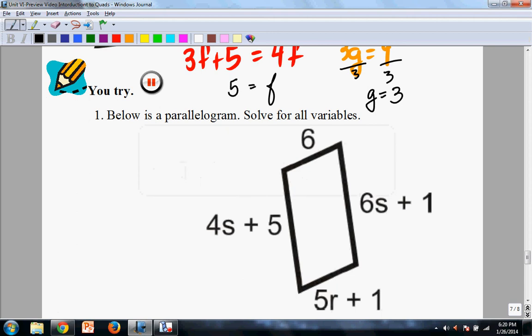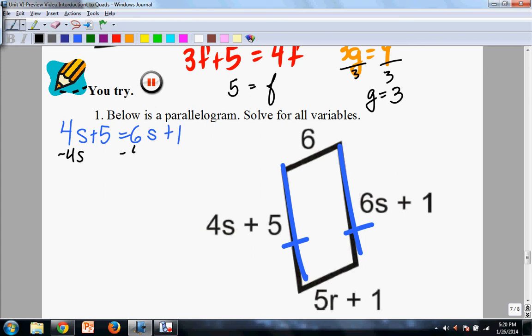Okay, let's see how you did here. So here it's a parallelogram, and we know that opposite sides are congruent, so we can easily make these guys equal. So we have here 4s plus 5 equals 6s plus 1.